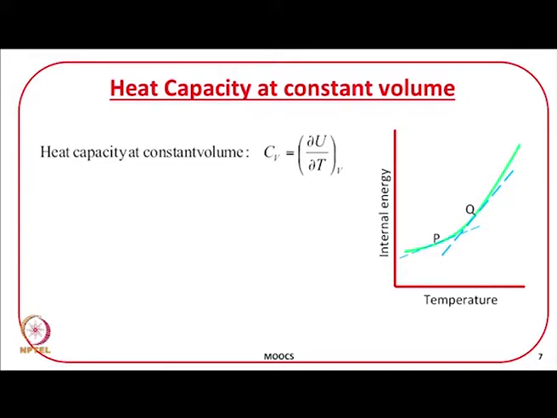Take a look at the figure. The internal energy is temperature dependent, and usually the internal energy is varying with temperature in a non-linear fashion. And we can see that the slopes of the curve at point P and at point Q are different, and the slope of the curve is equal to ∂U by ∂T at constant volume.